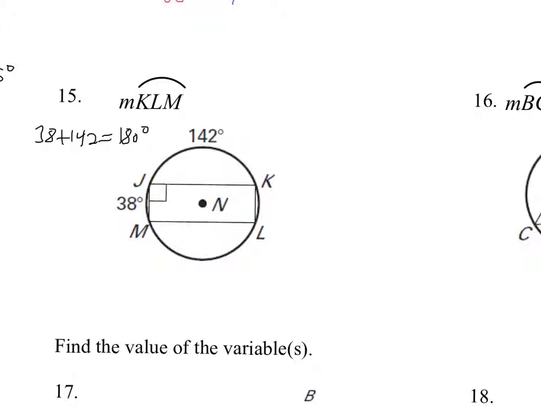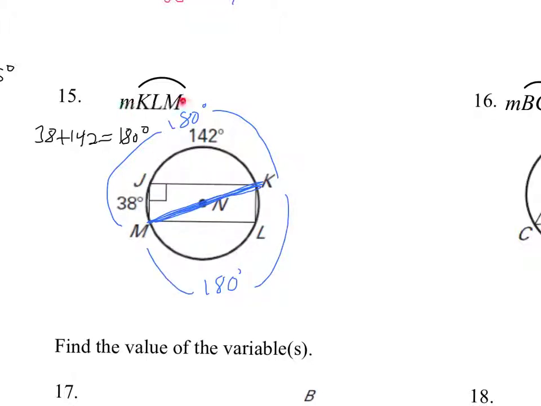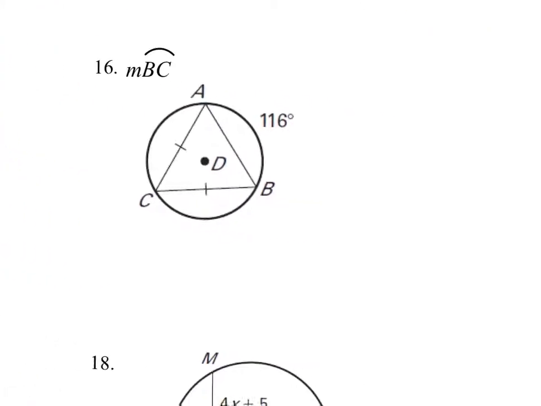That means from M to K would split the circle into 180 on this side, and that would mean you'd have to have 180 on this side also. So if we need to find KLM, we know that that is 180 degrees. There are other ways you could come up with that answer. That's just the way that I would do it.